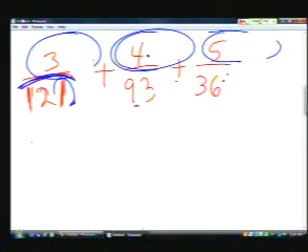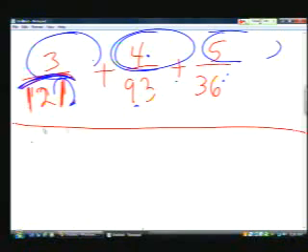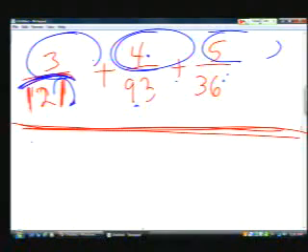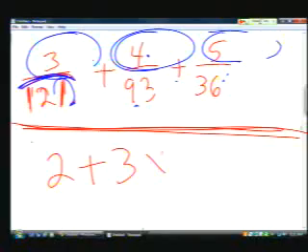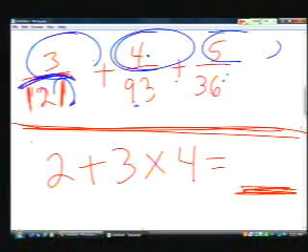Now this next step is really, really important, and I'm going to have you learn about the calculator that you have right now. I draw a big red line there, and now I want you to punch into your calculator: 2 plus 3 times 4 equals, and then tell me your answer.